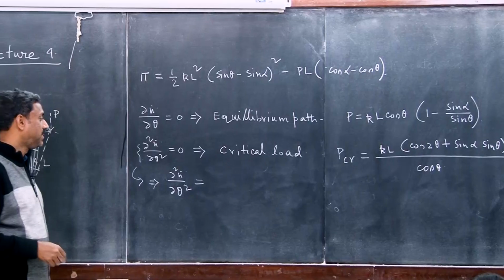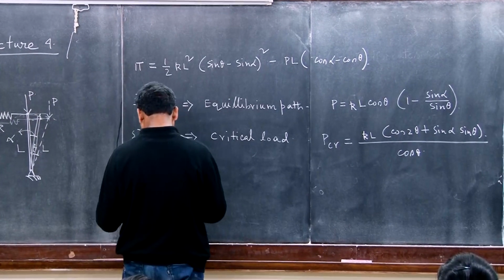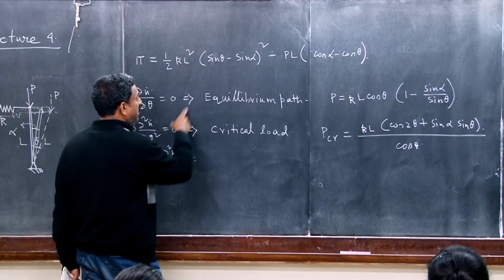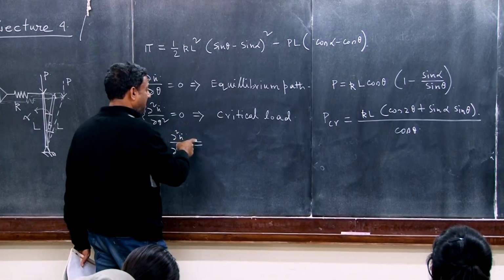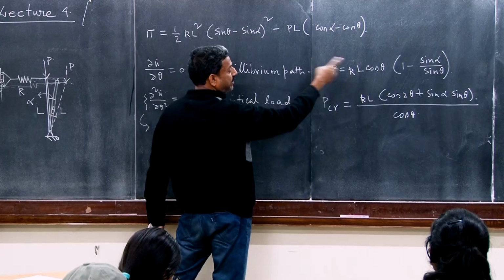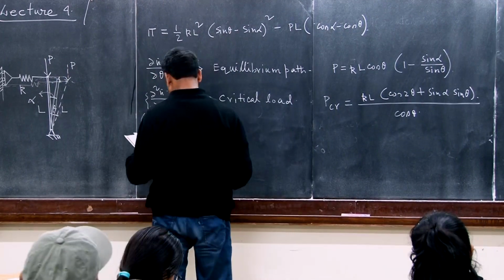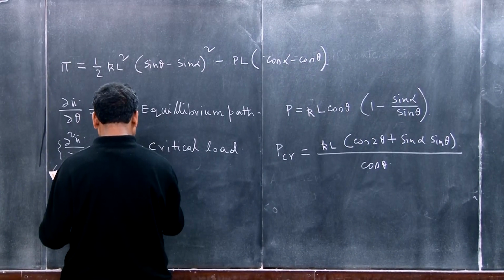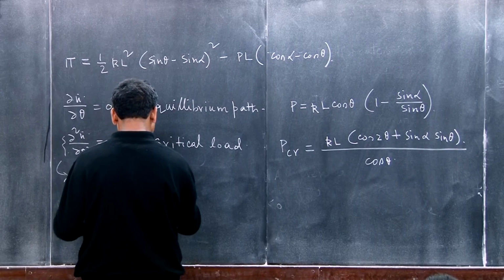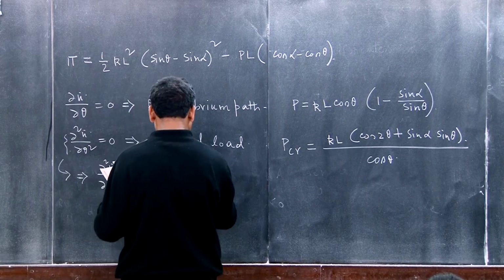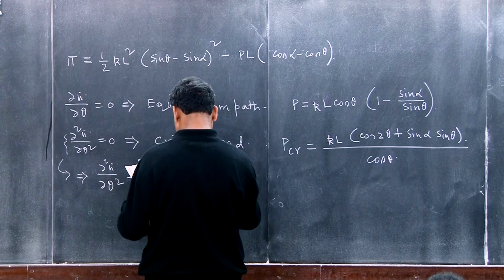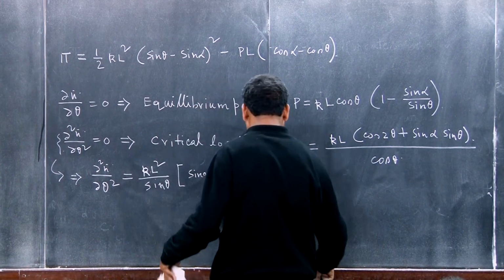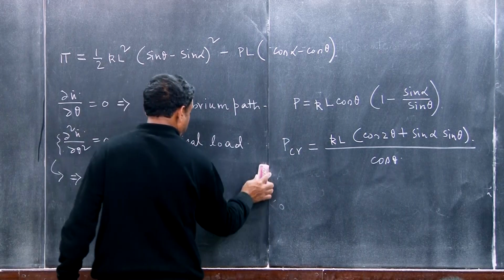So you double differentiate it and then substitute the equilibrium path into it. Combining, you will see a simple expression: K L square by sine theta, and here sine alpha minus sine square theta, or it can be further simplified. Let me write it down.